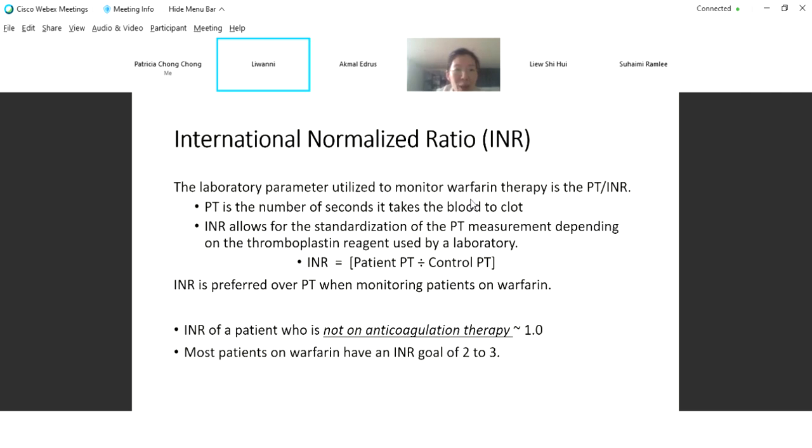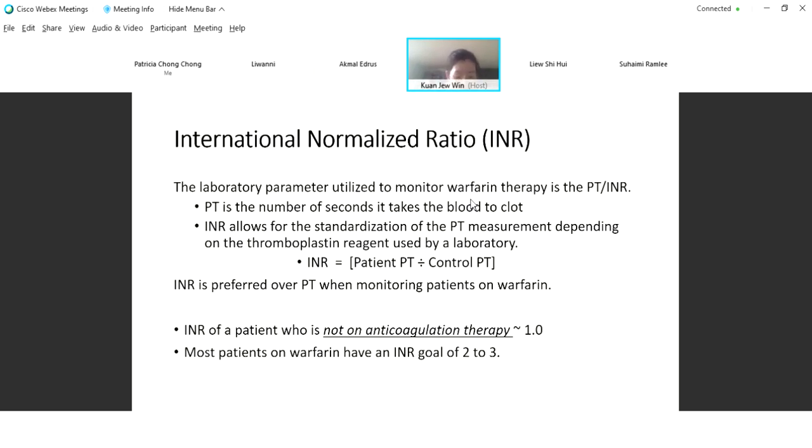I'm sorry, Liwani, is it? Yes. Liwani, your formula for INR is wrong. The INR equals the patient's PT divided by the control PT in brackets. Okay, correct.